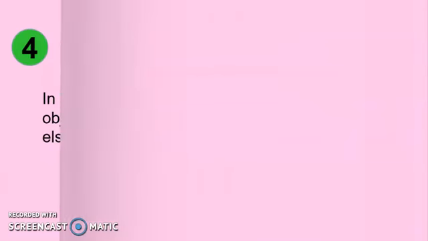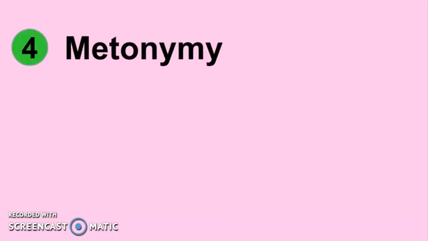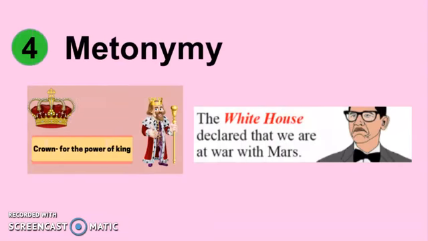Say, for example, crown for the power of king, and then the White House declared that we are at war with Mars. Metonymy is a figure of speech in which the name of one object is substituted for something closely associated with it. The crown will substitute the power of the king. And then another example, the White House is the metonymy for the President of the United States. So that's for metonymy.